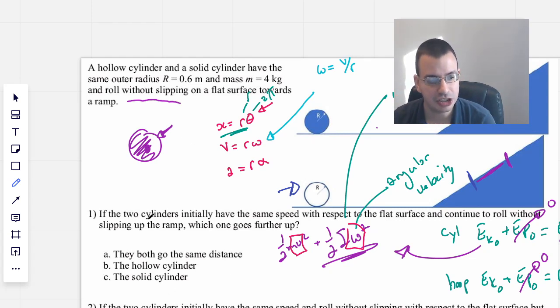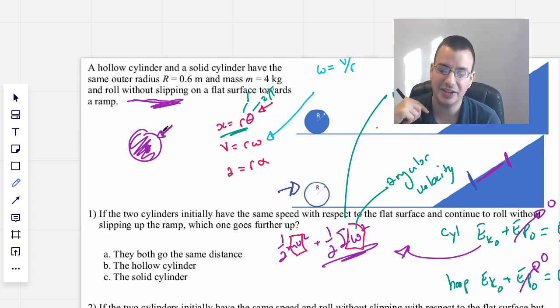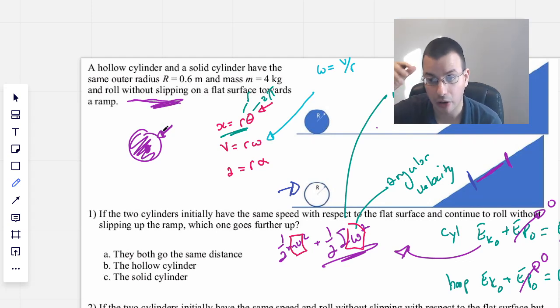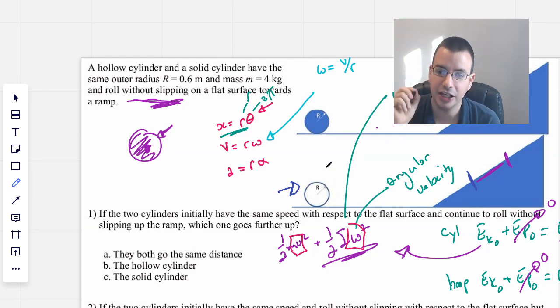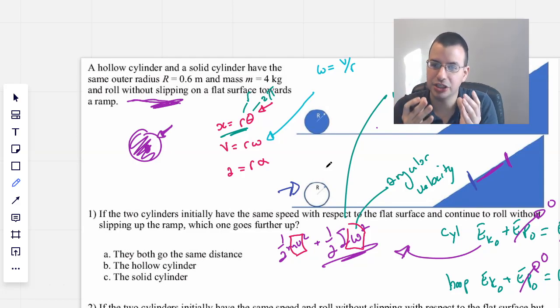Since it's given that they're going the same translational speed, and since there's no slipping, they have the same rotational speed as well. This hoop, since all the mass is on the outside, is harder to spin. But since it's already spinning, it now has more energy stored up.